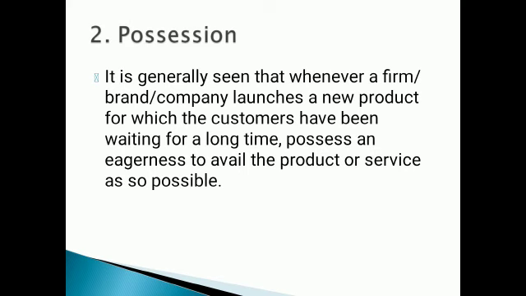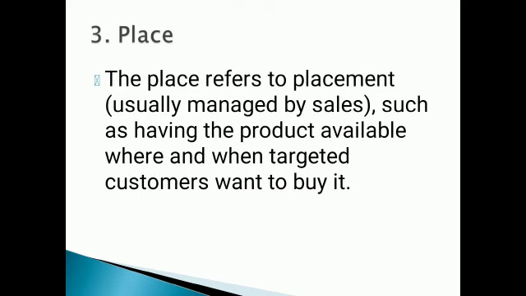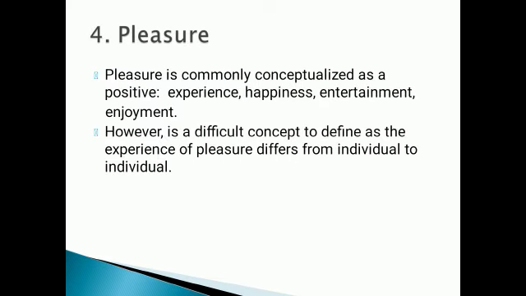Then place is nothing but placement. Then pleasure is nothing but positive experience or entertainment, happiness or enjoyment. Usually pleasure differs from one person to another. Clear? So this is about the 4 P's of retailing.